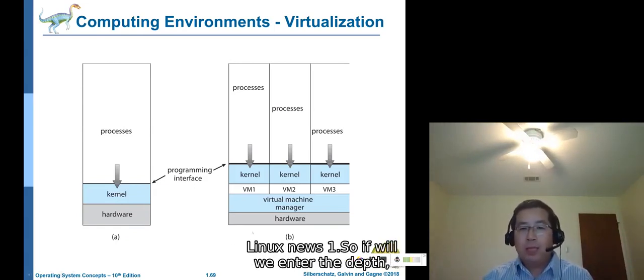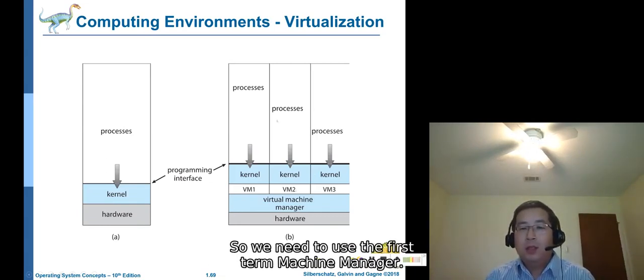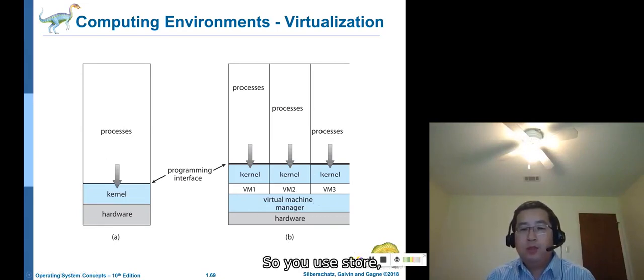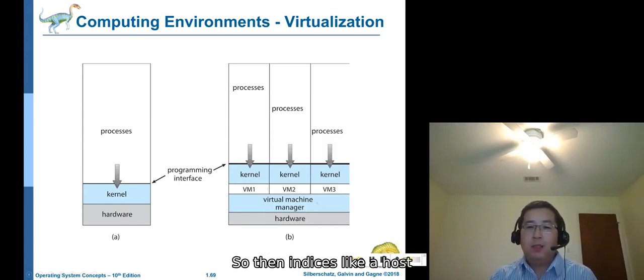If we want to do that, we can do it like this. We can run Linux, Windows, iOS, a lot of operating systems, so we need to use a virtual machine manager. You don't just install an operating system, you install a virtual machine manager. That means this is like a host, and it can run natively, as we mentioned, right?